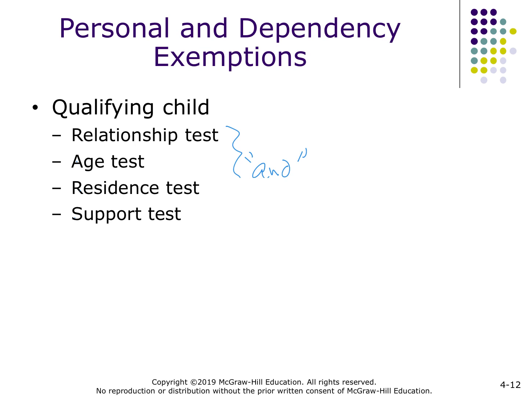In order to pass the relationship test to be a qualifying child, you must be the taxpayer's son, daughter, stepchild, eligible foster child, brother, sister, half-brother, half-sister, stepbrother, stepsister, or a descendant of any of these relatives, okay? So that relationship test is pretty broad-based, okay? Age test, all right? The child, the person that you're wanting to be a qualifying child, right? The age test, okay?